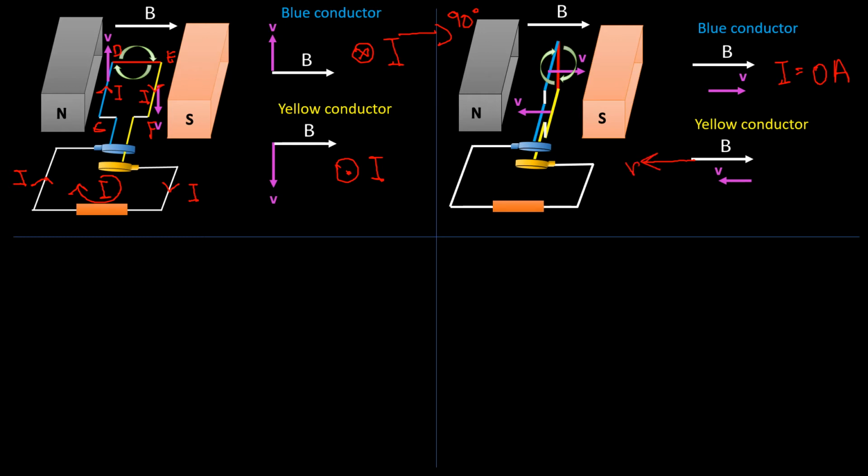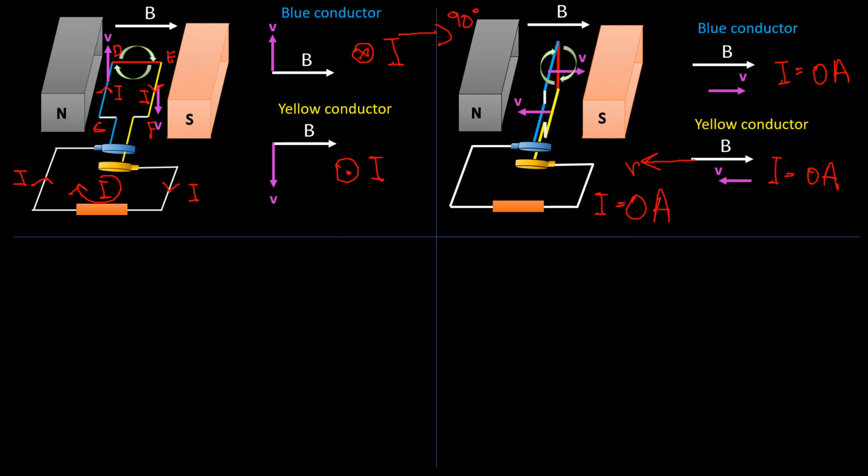So here there is no cutting of magnetic flux, thus I is equal to 0 ampere. So in this case, the generator doesn't produce any induced current to the main circuit. So I for the main circuit is 0 ampere because no current is being induced through this process.